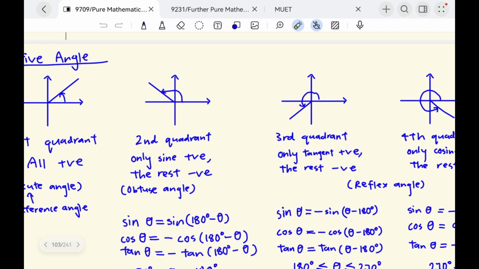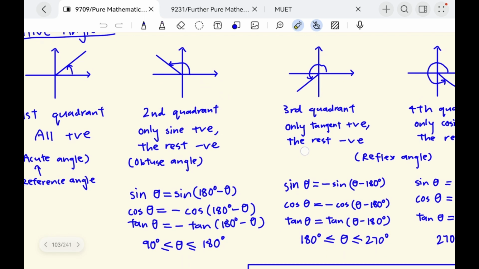The angle stretched from the positive x-axis is known as the obtuse angle. So what is the interval of the obtuse angle?